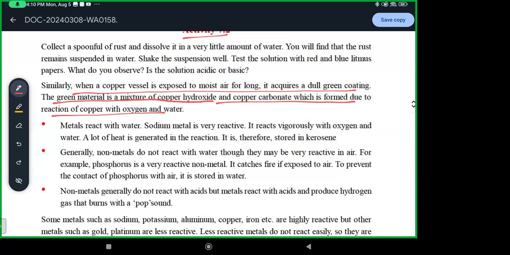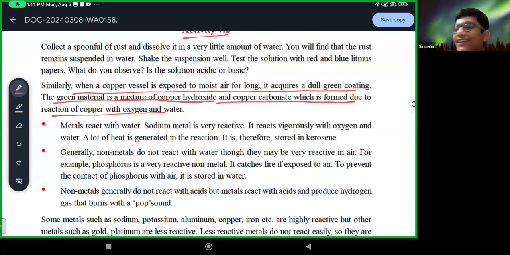Because it literally happens on the surface. It's not a peel, it's not something that lies on it. It happens to the surface of the metal itself. So it's not easy to get rid of. So, copper vessel. What color is the copper vessel? Have you all seen a copper vessel?